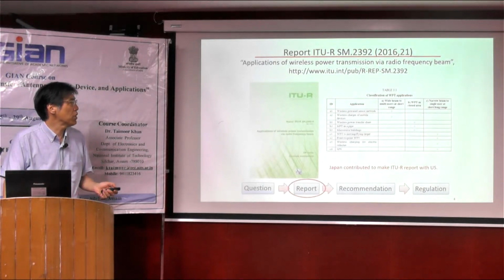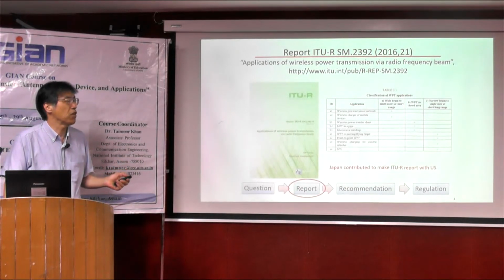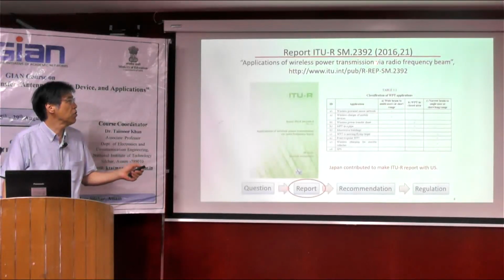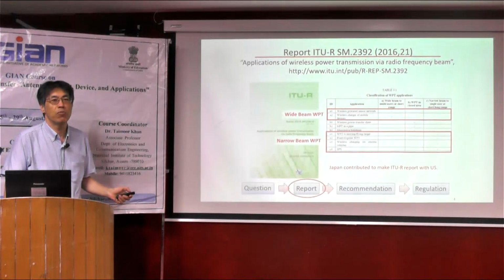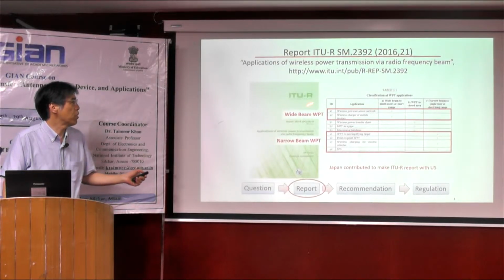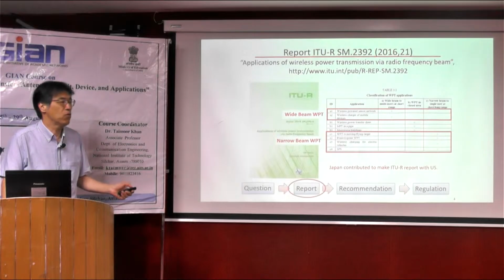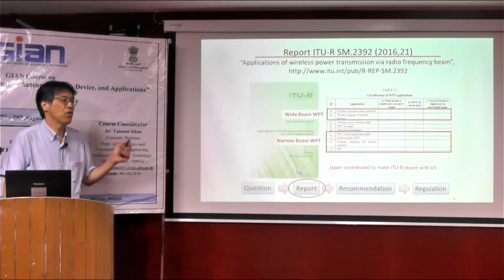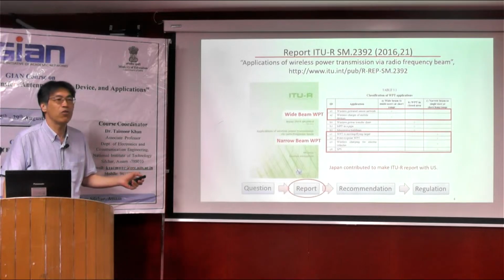As I mentioned yesterday, we've already published an ITU-R report about the radiative WPT. This report includes all WPT applications, from the wide beam WPT to the narrow beam WPT. Historically, Nikola Tesla carried out something similar to the wide beam WPT.